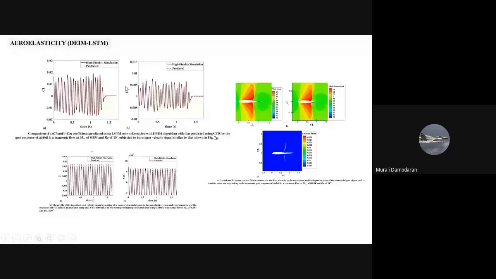You can also reconstruct the flow field from the predictions. This is the actual Mach number, this is the reconstructed flow field, and this is the error. The maximum errors are where the shock is.